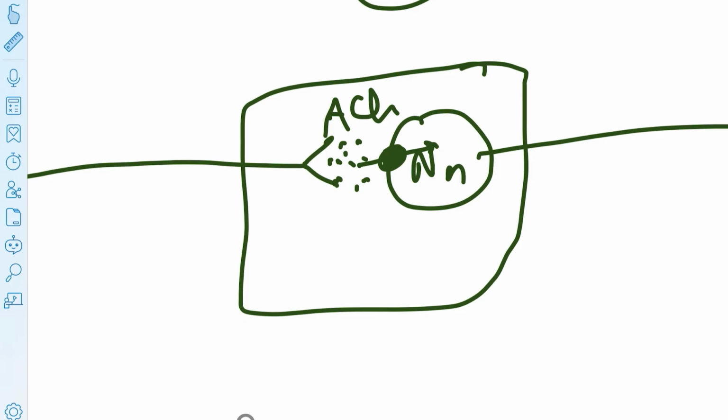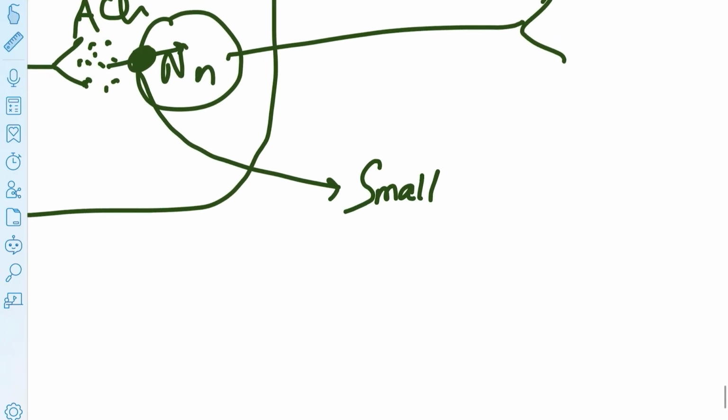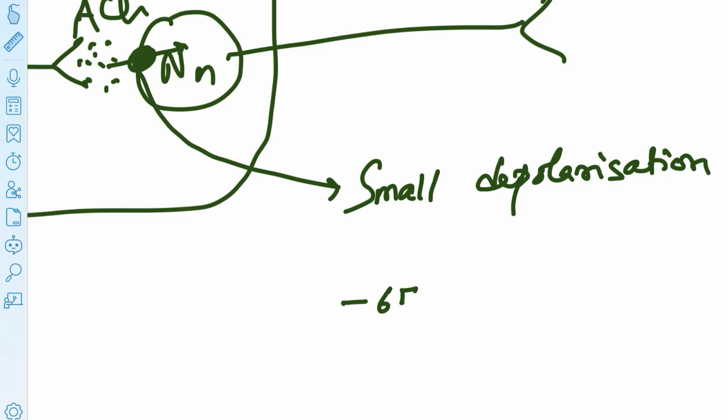In this case as well, when acetylcholine binds to the NN receptor, it causes depolarization, but the basic thing is this depolarization is very small. It is a small depolarization which increases the potential by around 15 to 20 millivolts. Suppose initially there was -65 millivolts at resting membrane.